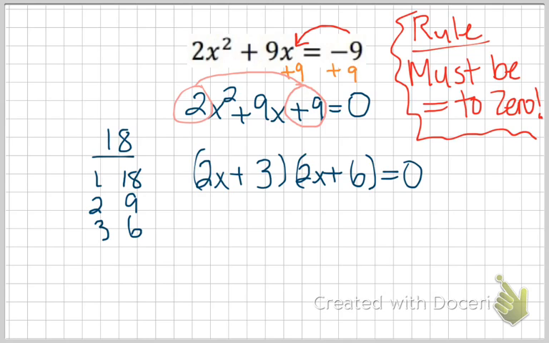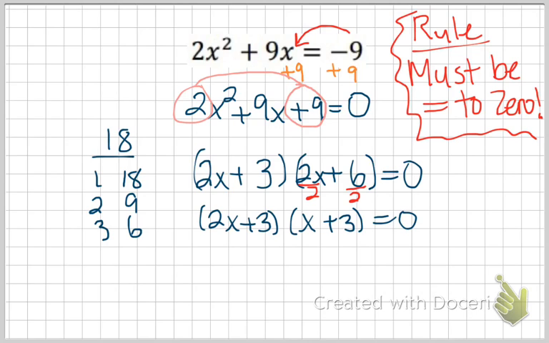Now remember, first of all, if you do a quick check, 2 times 2 is not 2, it's 4. That's not a 4. 3 times 6 is 18. That's not an 18, that's a 9. Well, what we do here is we're going to make one of the binomials smaller by dividing by their GCF, so that here we get x plus 3 is equal to 0.